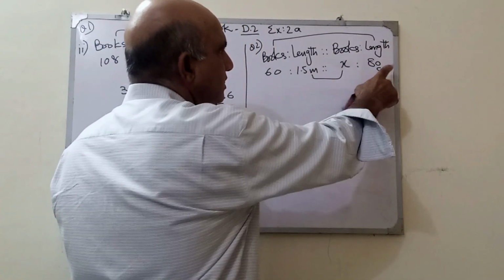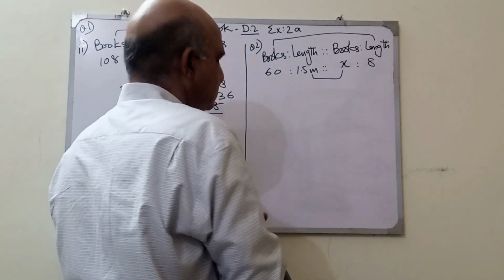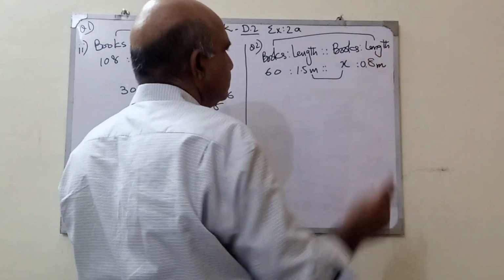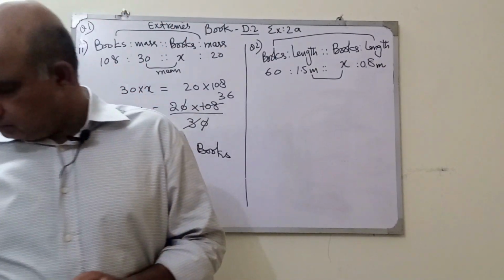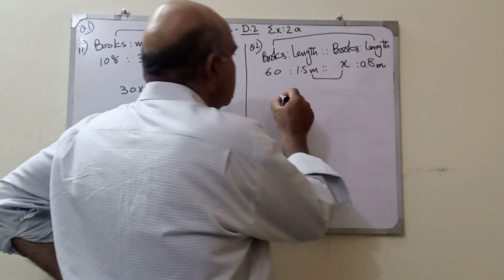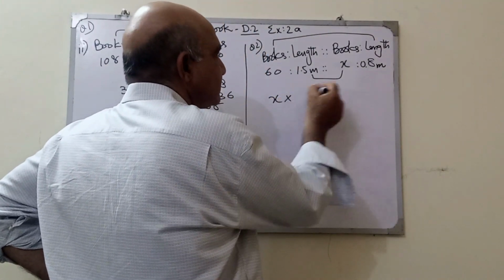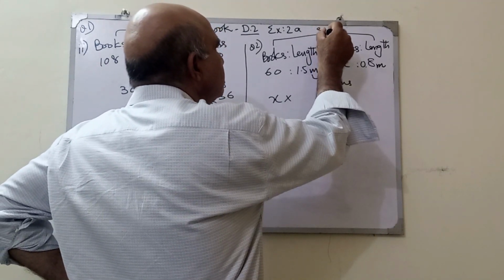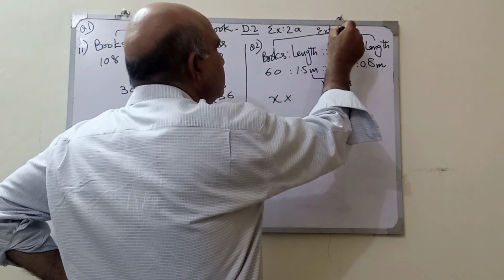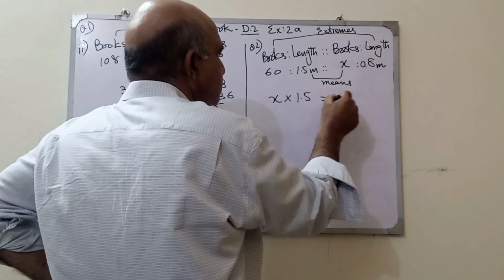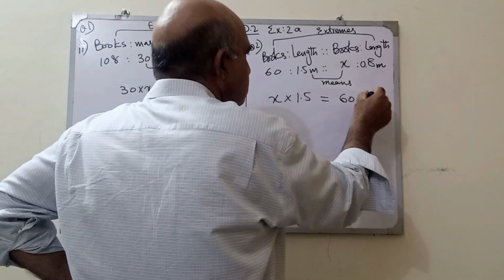Now here, instead of this, we can write it as 0.8 meter, right? Now, I'm going to solve the second part. Again the same means and extremes. So X into 1.5 is equal to 60 into 0.8.